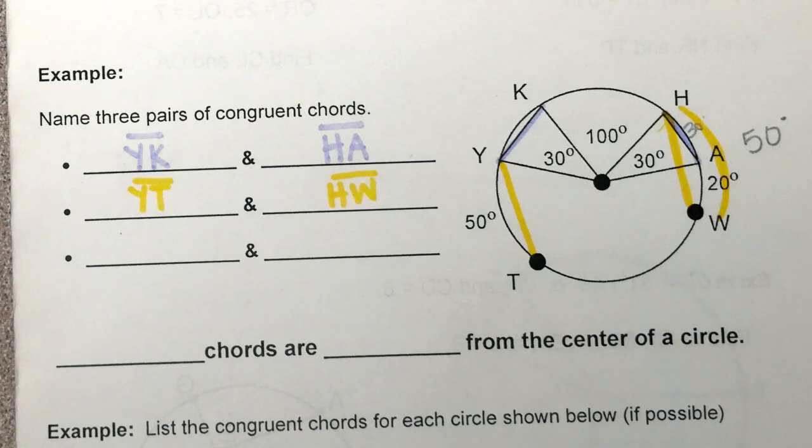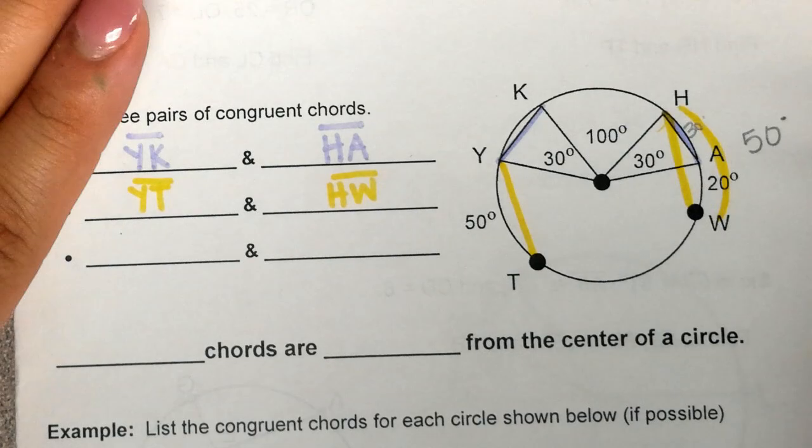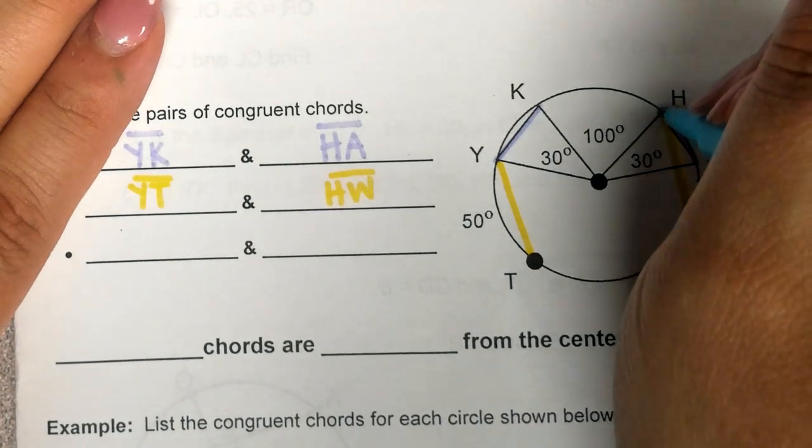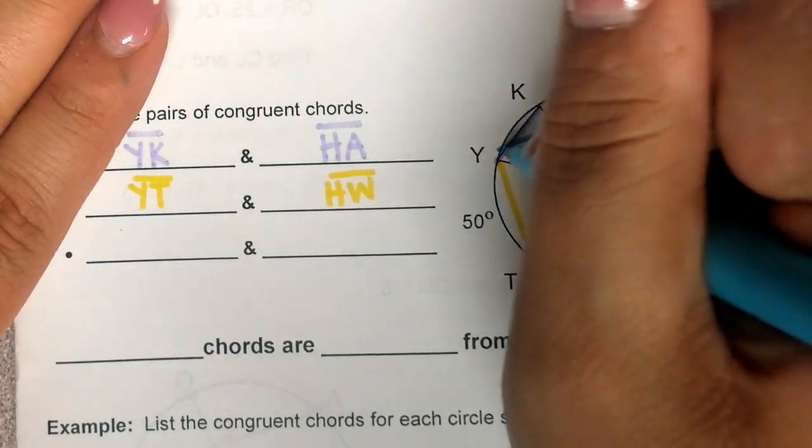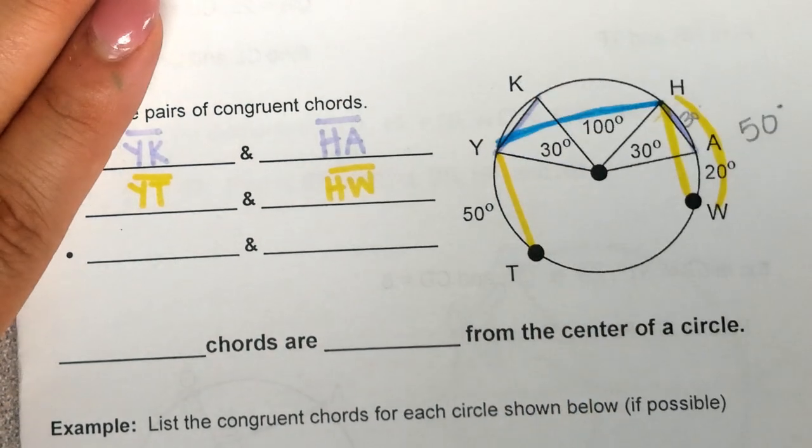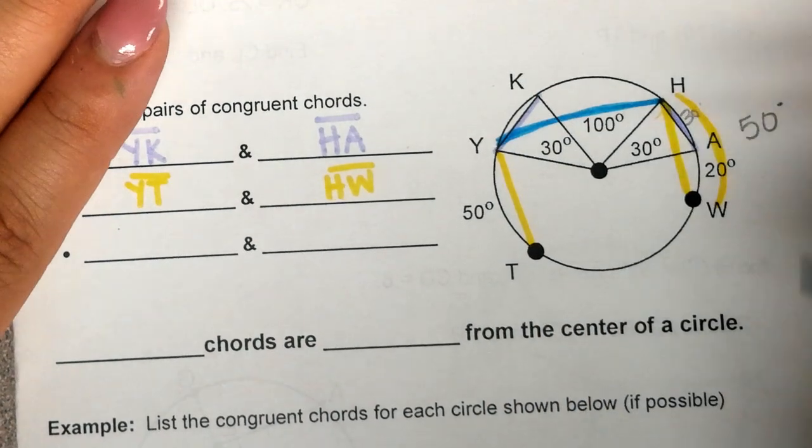All right, last one. Anybody got another one? YH is how much? Those are 130 degrees. And what else? How did you get TW?